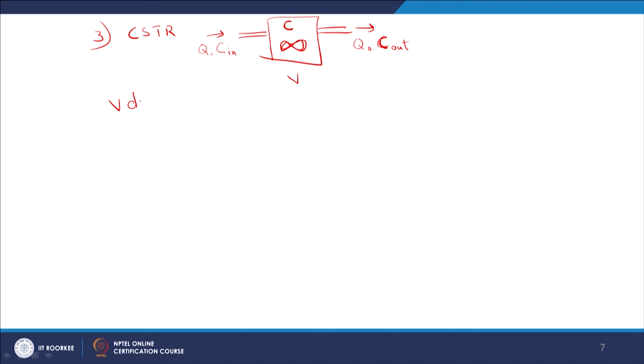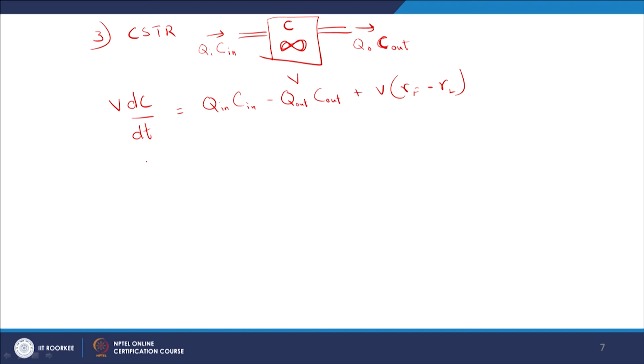So V dC/dt is equal to Q_in C_in minus Q_out C_out plus volume into rate of formation of the compound minus rate of loss of the compound, right. So this is what we have. Let us try to transform this further.